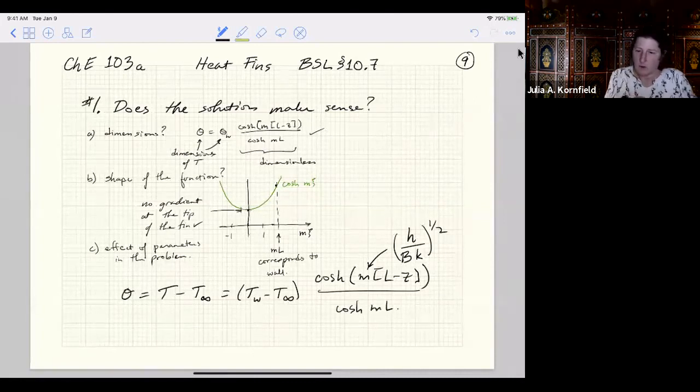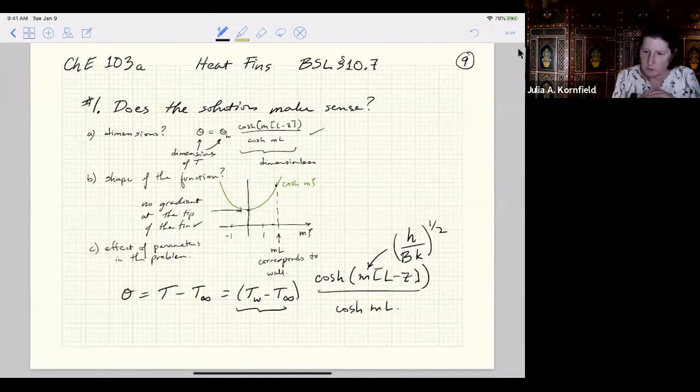Okay, so it does make sense that the prefactor here has a magnitude that spans from Tw, the hottest temperature, the wall, to T infinity, the temperature of the fluid. And so the bigger that difference is, you'd expect the whole temperature variation to scale up and down with that.